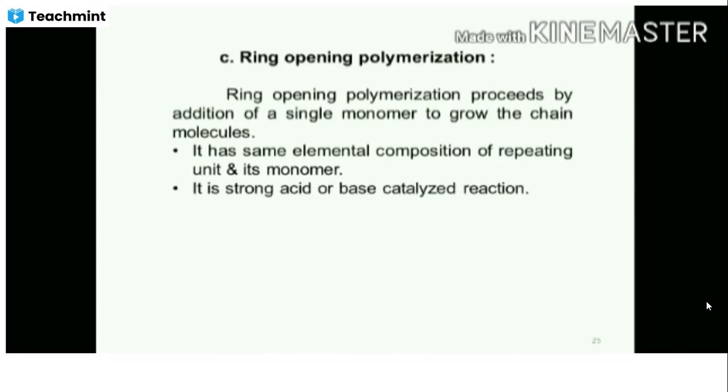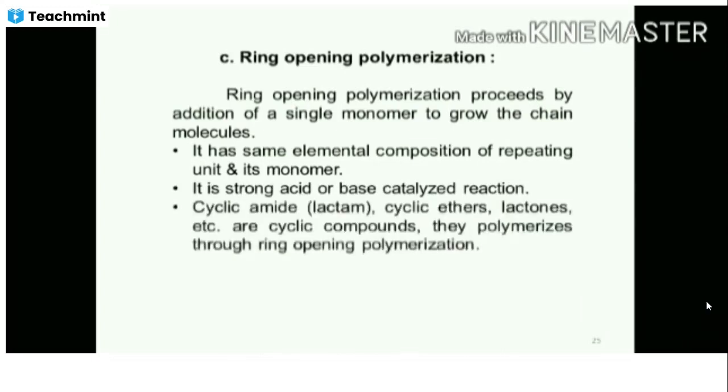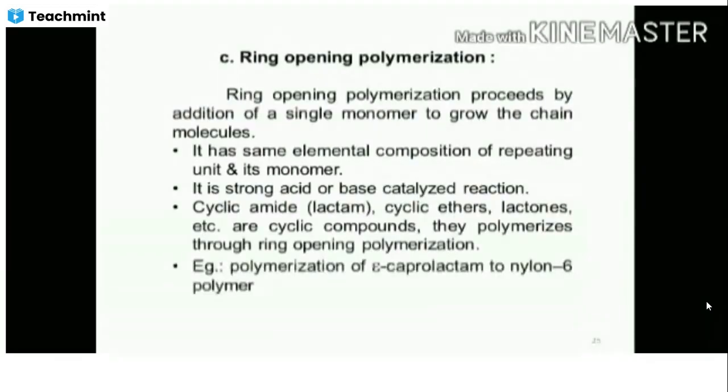Cyclic amide lactam, cyclic ester lactones, etc. are cyclic compounds. They polymerize through ring opening polymerization. Example, polymerization of E-caprolactam to nylon 6 polymer formation.